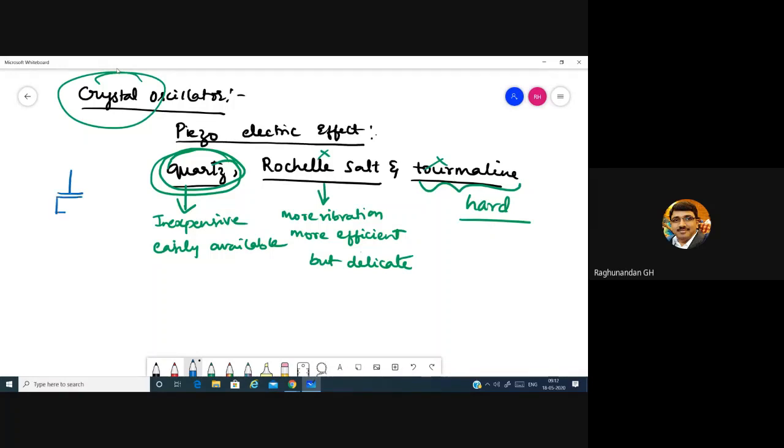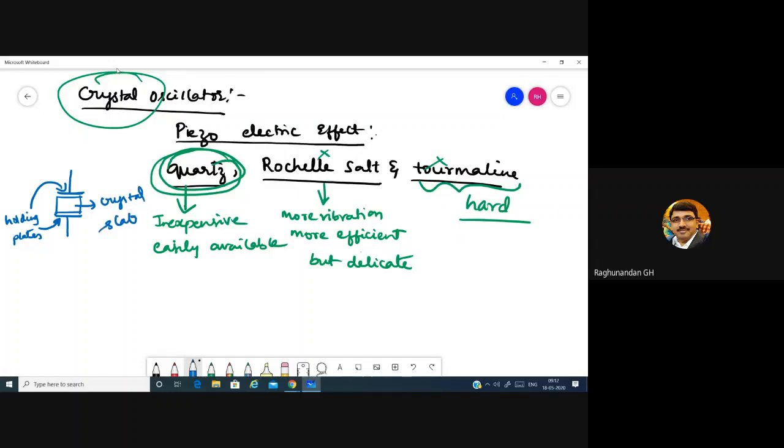The symbol is also like this only. So we call these two things, the plates, whatever you are observing here and here, holding plates. This one is the crystal slab.